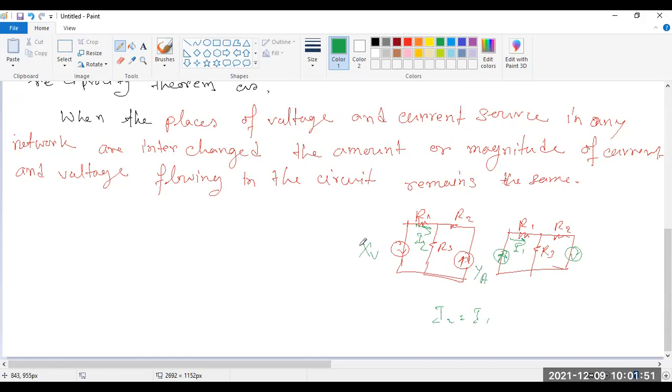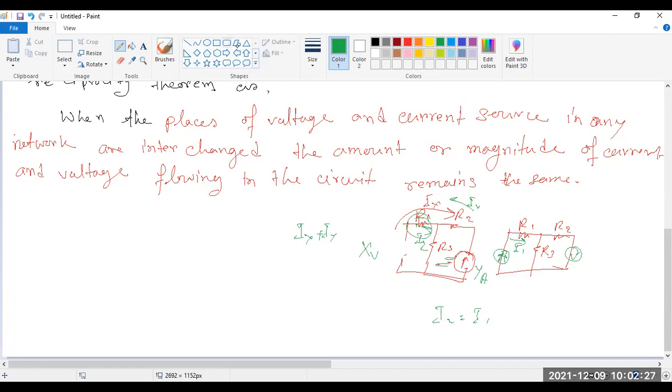So due to this position, the current should be the same, because this is also the X voltage, this is also the Y ampere current. Just like the superposition theorem, if we determine this, for this X voltage the current flowing is, say, Ix. And for only this source, when this source is replaced, the current flowing is Iy. So in this branch you can say that it is Ix plus Iy.